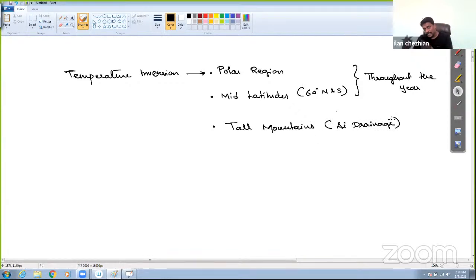What is this air drainage? I'll tell you later.